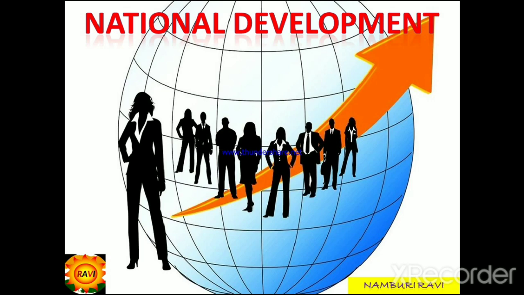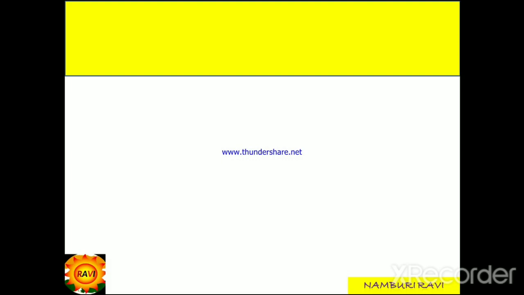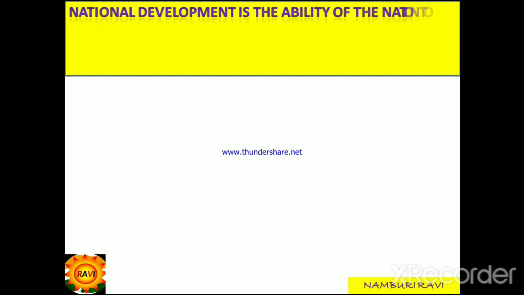Generally, according to international organizations, the development of a country depends on national income, GDP (gross domestic product), per capita income, and also literacy rate, poverty, health facilities and living standard. These are the aspects taken into consideration in calculating national development. So we can learn the detailed information about what national development is.